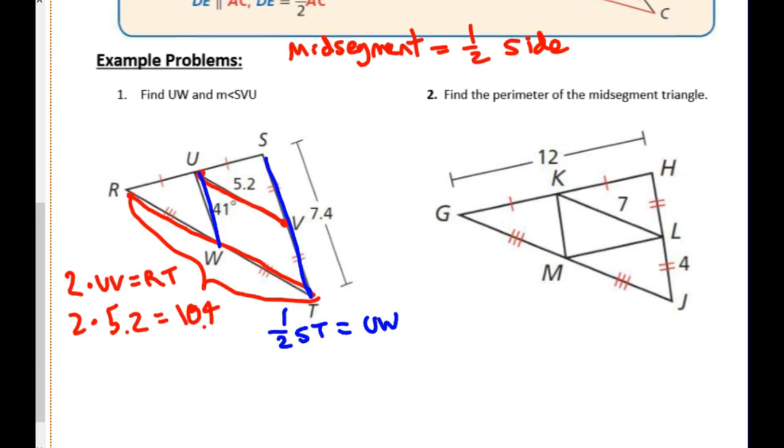So 1/2 of ST is going to give me UW. 7.4 divided by 2 is 3.7. So up here I put 3.7.